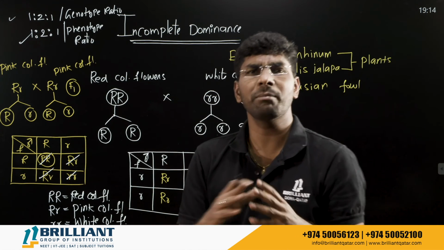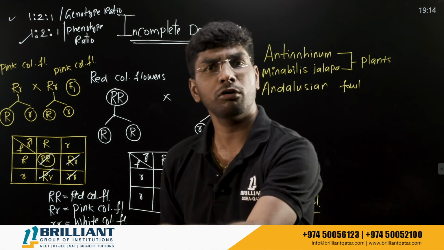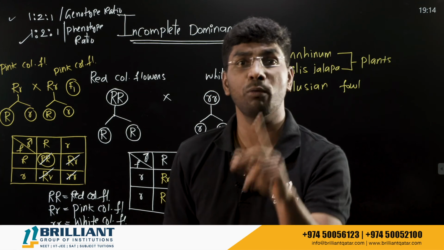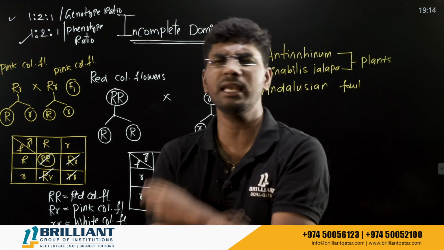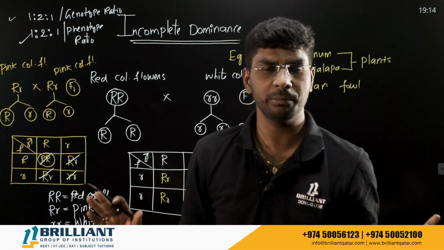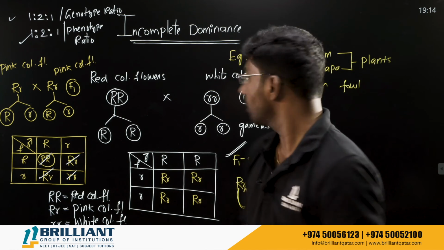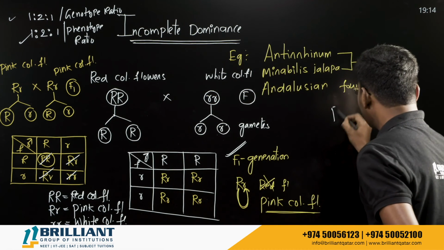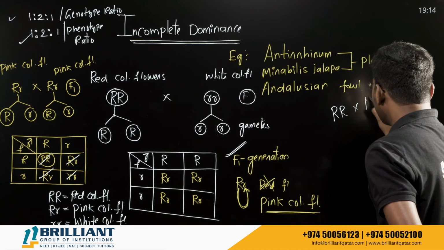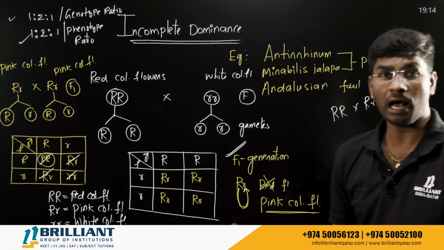In the examination, they might give two pink color flower plants, or one pink color flower or one red color flower. Any question can come in NEET like competitive purpose. Keep in mind, if you cross red color flower and pink color flower, what is the ratio? They will ask like this.